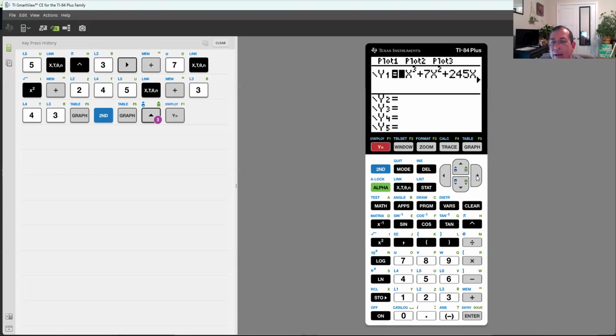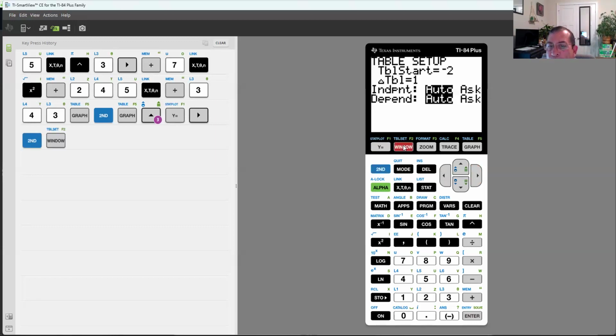Since my equation here has the 5 in the front of it, watch what I do, okay? So whatever number's in front of your x cubed term, watch what I do. So since that's a 5, y'all see right here where it says table set, I'm going to hit the blue button and the window button. Now I'll keep it at -2 to start.